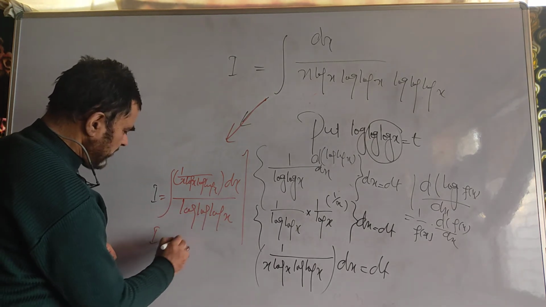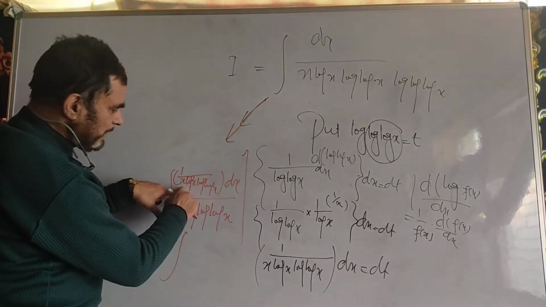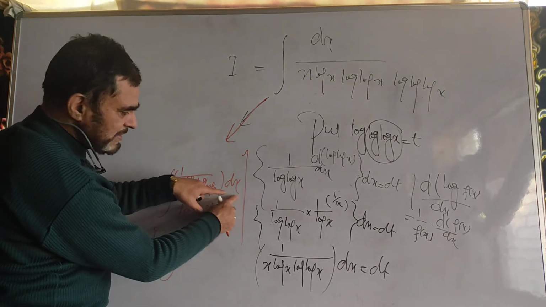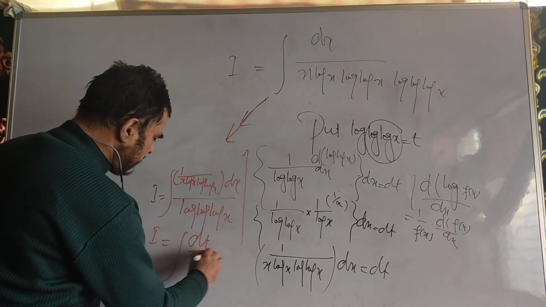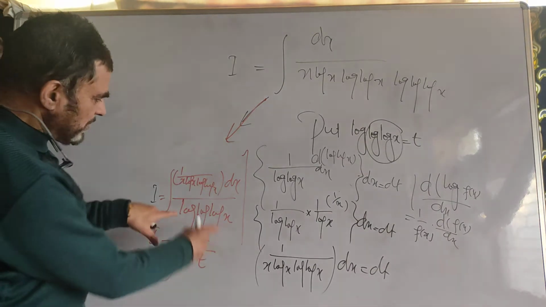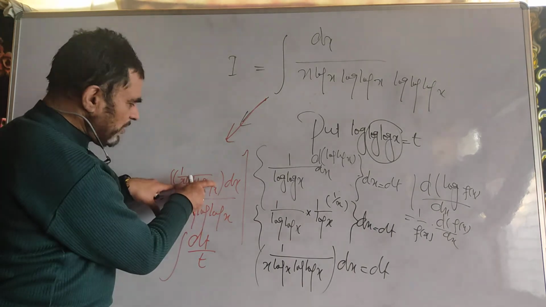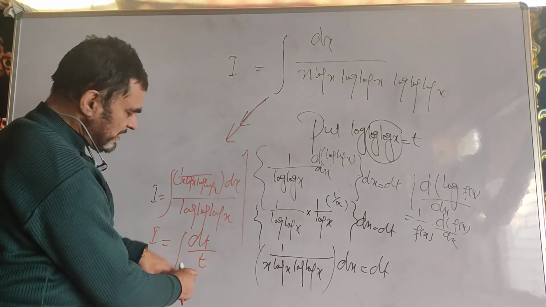This comes out to be, and this derivative is 1 by x, dx is dt. So it is simply dt by t.